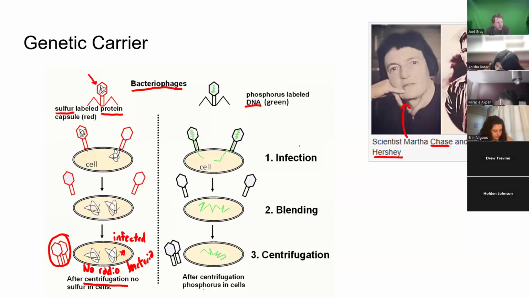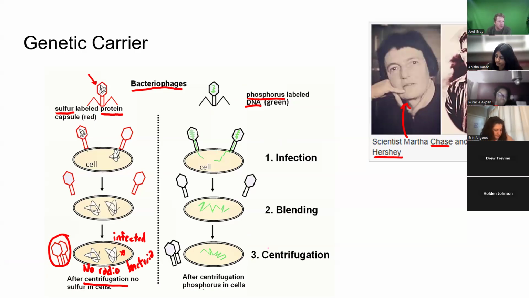Then they did another angle of this, and they used radio labeled DNA with a radioactive phosphorus isotope. They let the bacteriophage incubate with the bacteria.